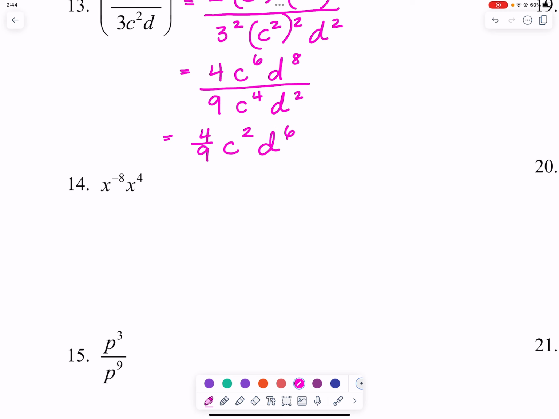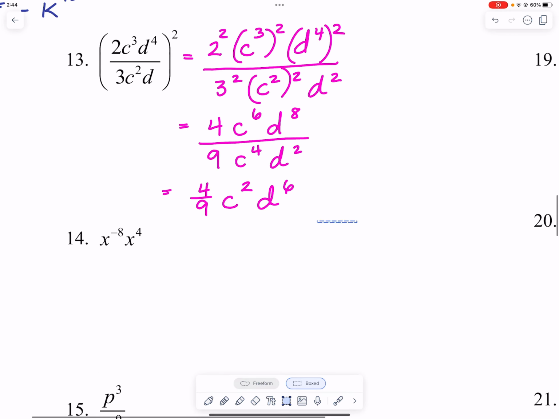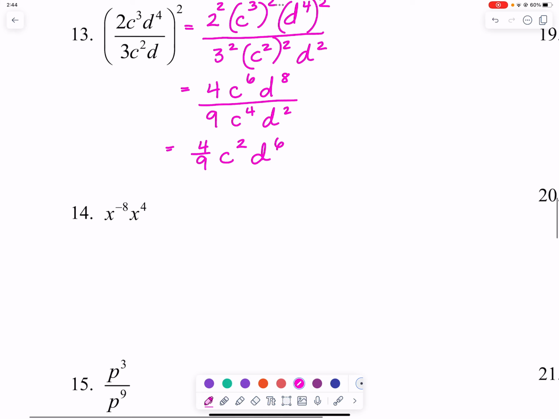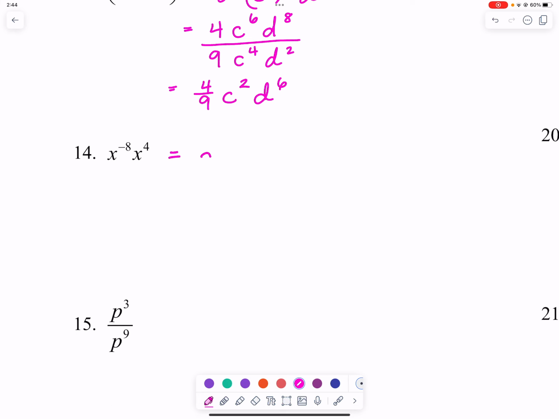Okay, here in this number, let me make that a tad bit smaller. Here again, the same base, we will add our exponents, and then that would be 1 divided by x to the 4th.